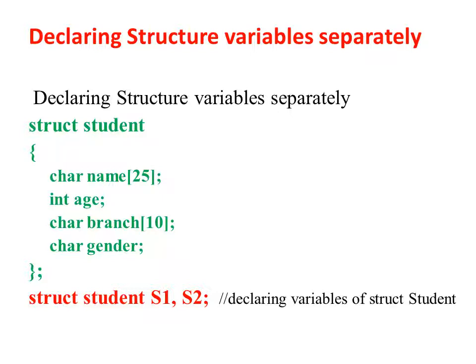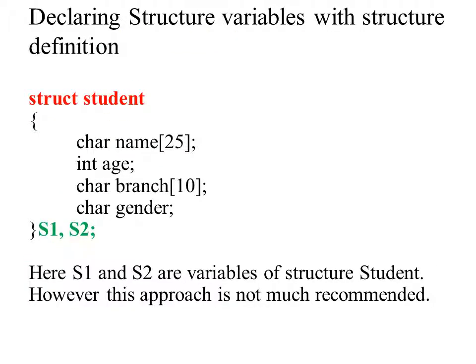After this declaration, we have to declare the structure variables. According to the syntax, first of all, you write the keyword struct, then the structure name student, then it is followed by the variable names. So s1 and s2 are called the structure variables of the structure whose name is student. In this way, we can declare the structure variables separately.